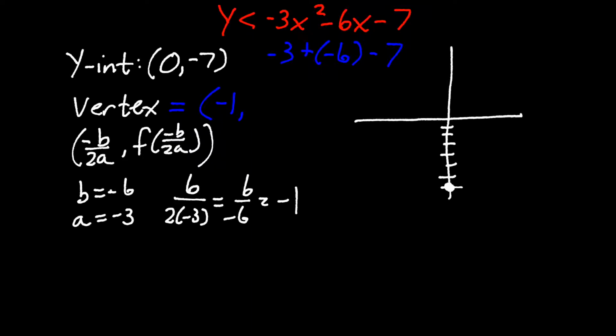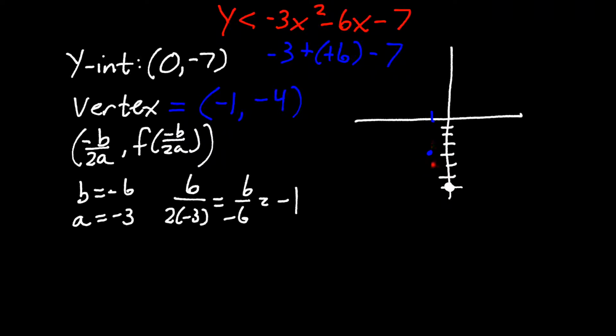Subtracting a negative 6 is the same as addition, so I have negative 3 plus 6, which is 3, and 3 minus 7, which is a negative 4. And there is our vertex. We are at (negative 1, negative 4).